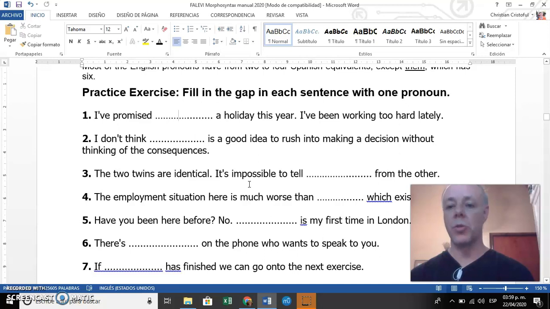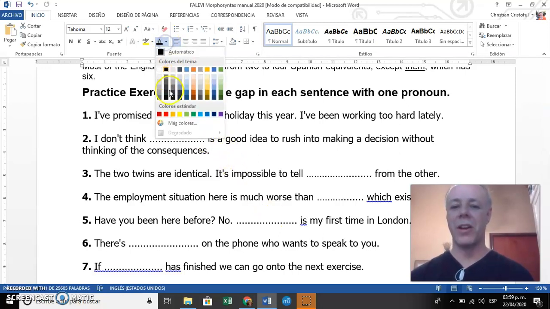I've been working too hard lately. The key word here is I. So the promise that this person has made is for themselves, right? For himself or herself. So, do you think a reflexive pronoun would be suitable for this? Yeah, right? So let's try a reflexive one.